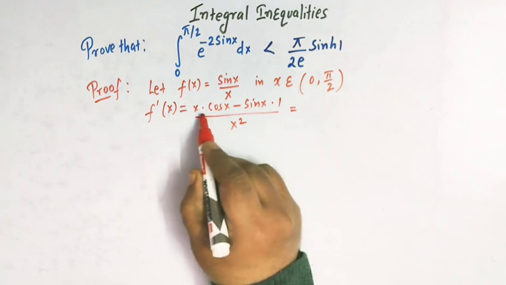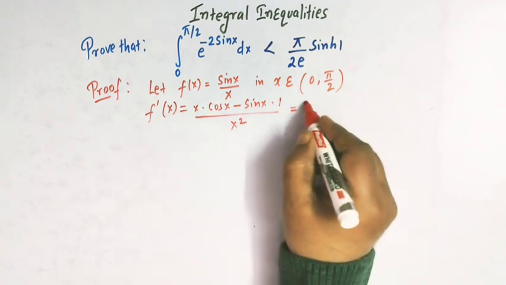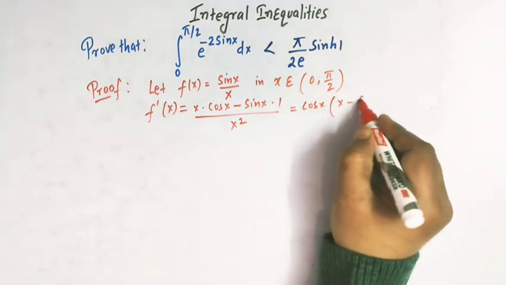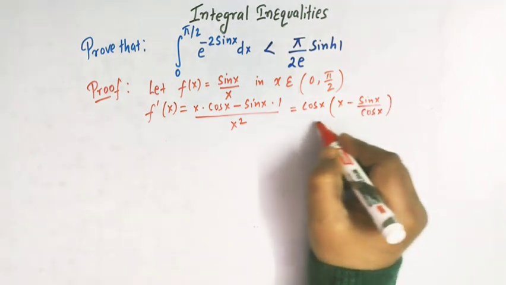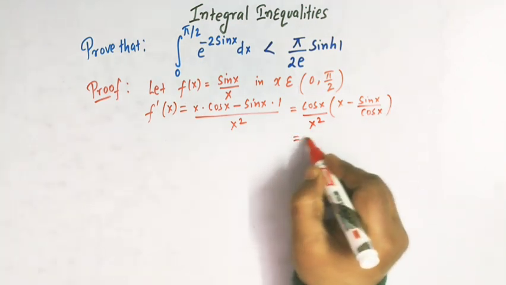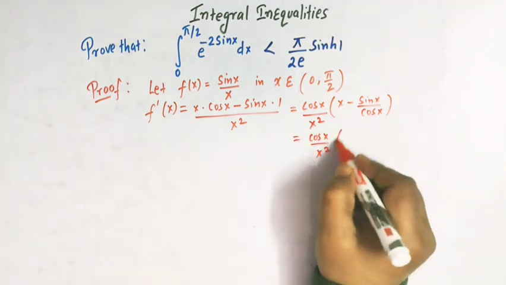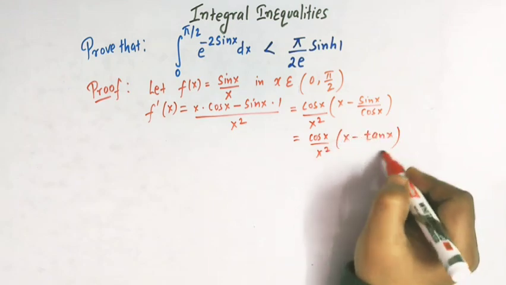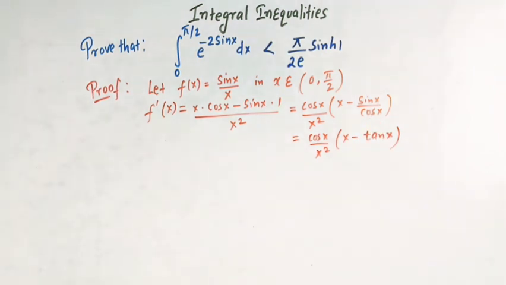Now we can rewrite this expression by taking cos x as common. So we have cos x divided by x square, times x minus sine x over cos x, and sine x over cos x is tan x, so we have x minus tan x.